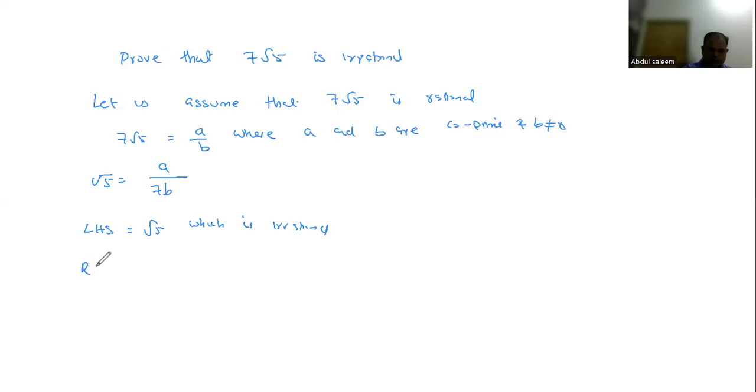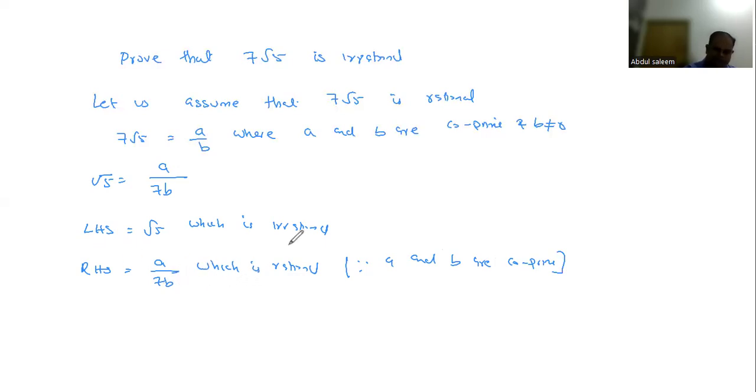And what about the RHS? RHS equal to a divided by 7b, which is rational, because a and b are co-prime. If a and b are co-prime numbers, then a divided by 7b is a rational number.